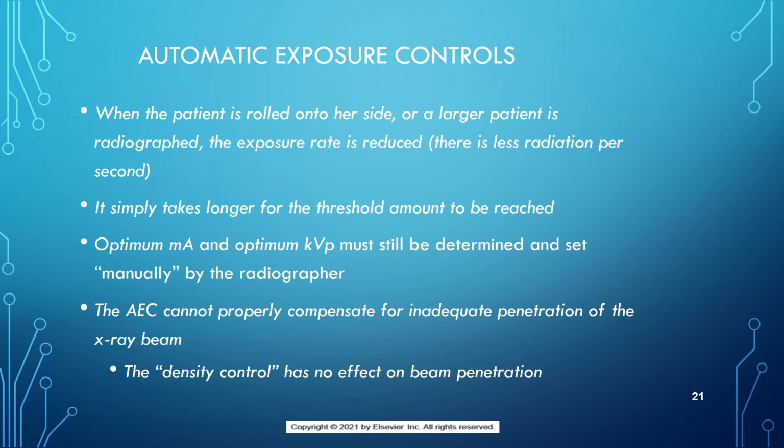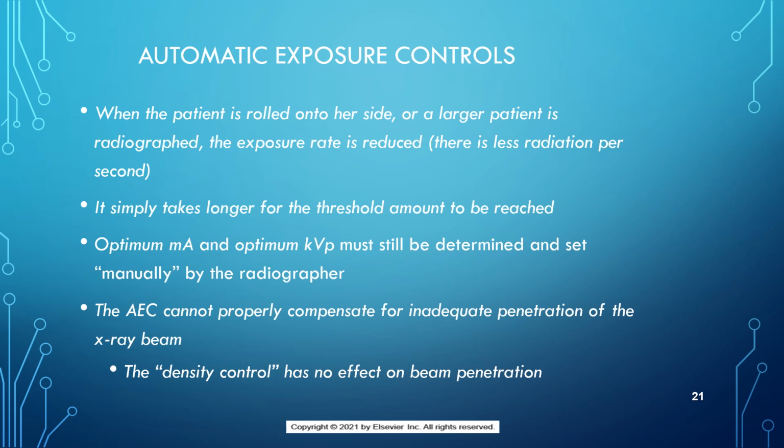All right? And so if the remnant beam is less intense, less photons in it, the ion chamber is not going to achieve ionization, and therefore electricity is not going to pass across it, and therefore the circuit is not going to be shut off. And so the exposure is going to keep running. Okay? And that's the fundamental flaw with ion chambers.